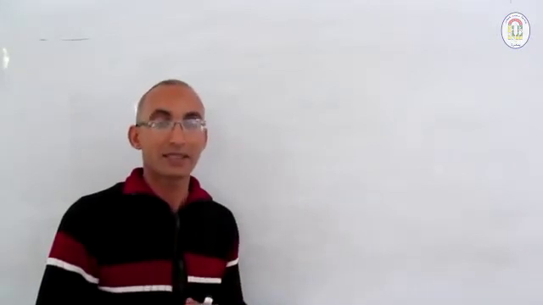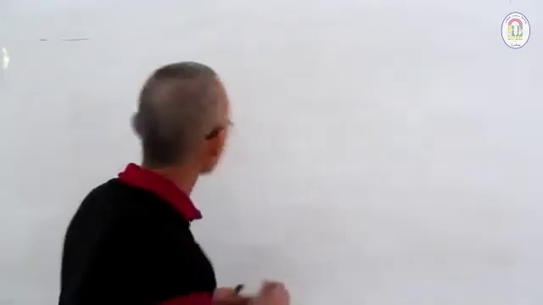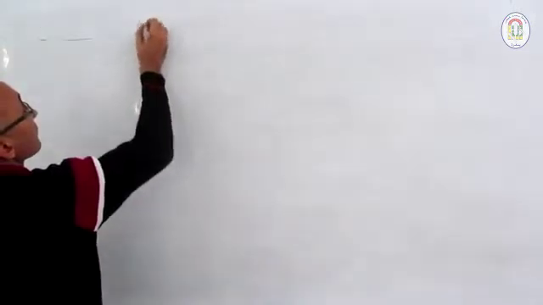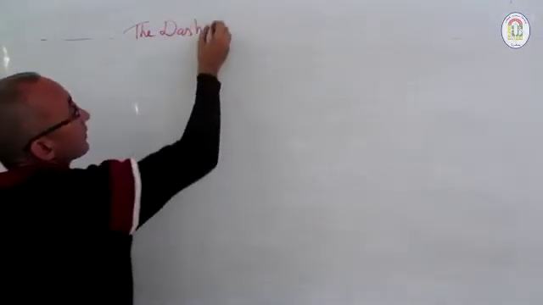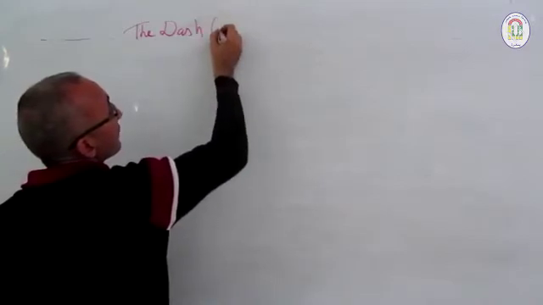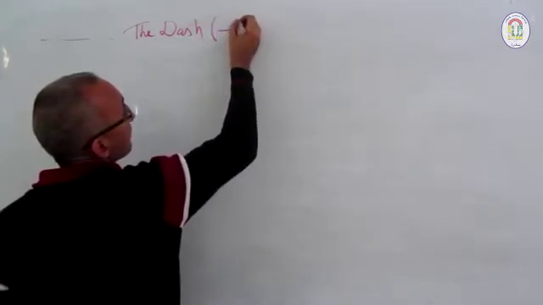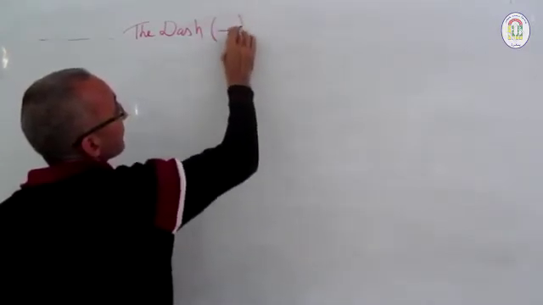We'll try to see them in this lesson. So we write here the dash, which normally equals two hyphens together, like this.